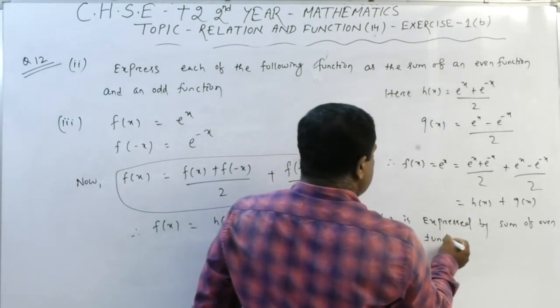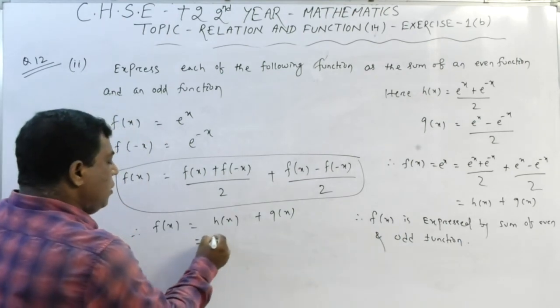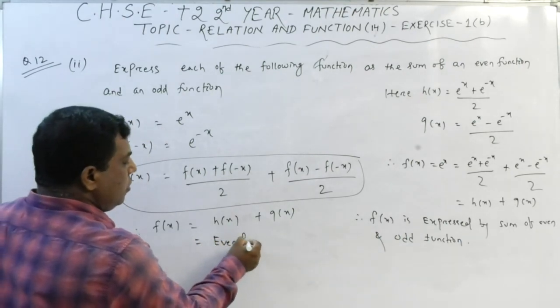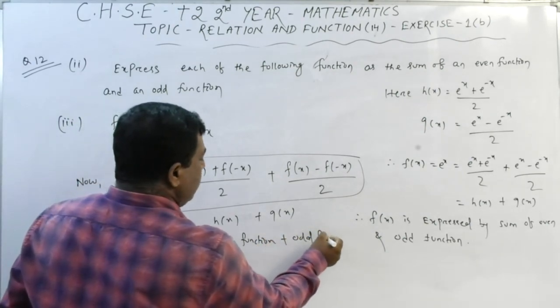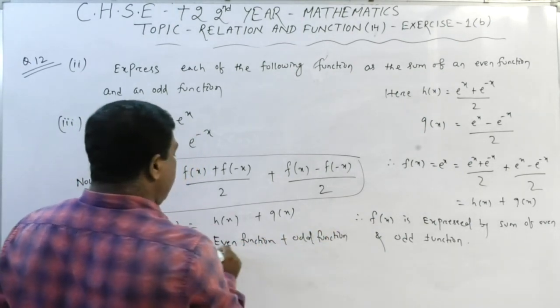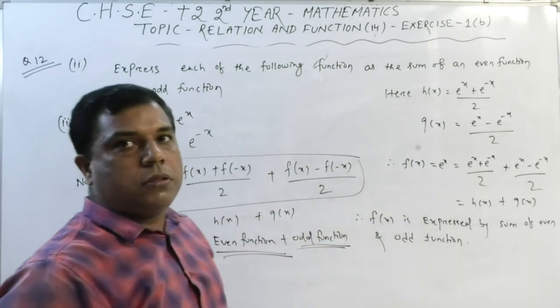Now, if somebody asks you which one is even, my dear students, it is the even function and that is the odd function. Okay. So, for your clarity, again I am showing it. One is an even function and the other is an odd function.